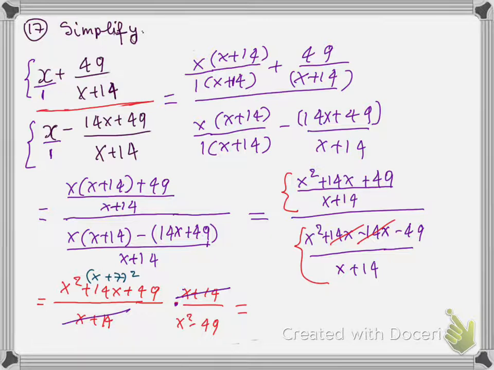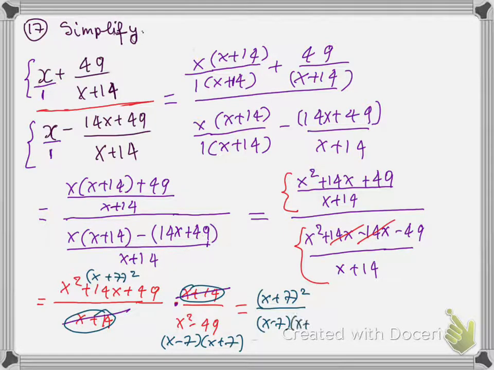And x squared minus 49 factors as x minus 7 times x plus 7. So after we cancel out the x plus 14, we're left with x plus 7 squared over x minus 7 times x plus 7.